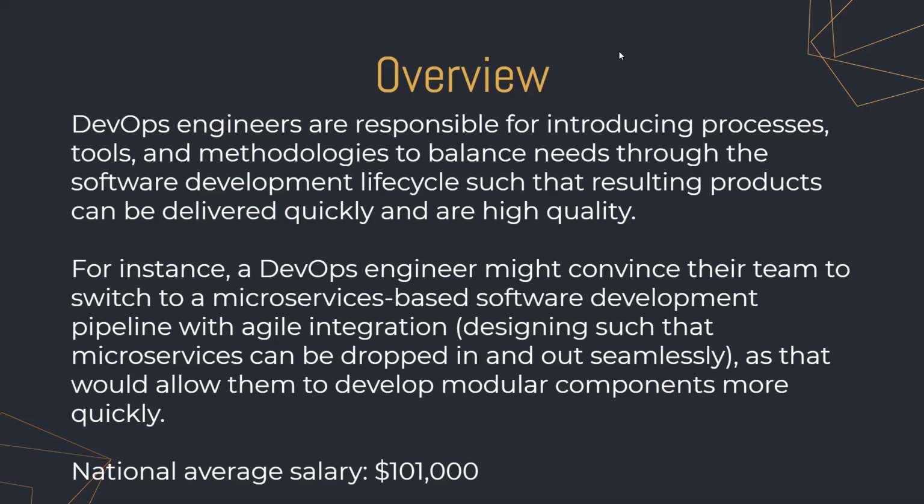And a DevOps engineer might want to do that because it would allow them and their team to develop modular components more quickly. And if they want to optimize the development process, going with modular components might be best for whatever product they're working on at the time.